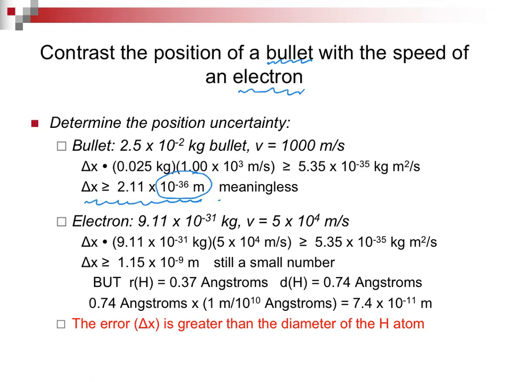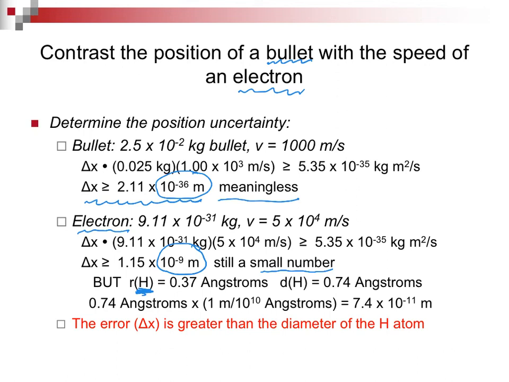I don't mean to say it's meaningless. I think I should have probably used the word unrealistic. But now, if I focus in on an electron, and again, made some numbers, plug and chug, what I get is 10 to the minus 9 meters. It is still a very, very small number, but let's look at the hydrogen atom, which has that one electron.